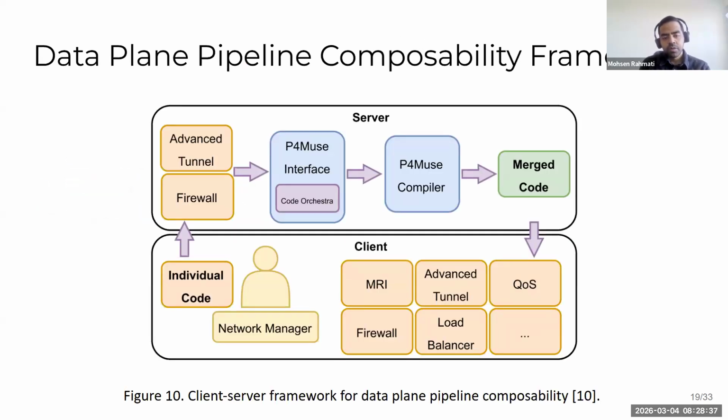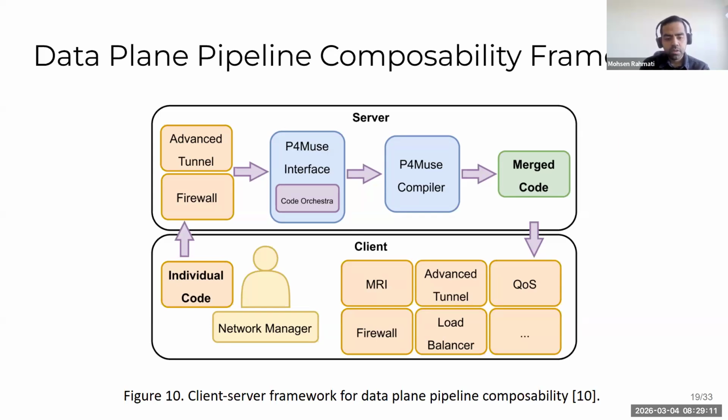And if you remember, we mentioned interface, data plane pipeline composability, and vendor-customer framework in this slide. As you can see, we have a server-client architecture, and the network manager wants to create some trivial P4 code but wants to reuse built-in P4 functions and code without rewriting them.